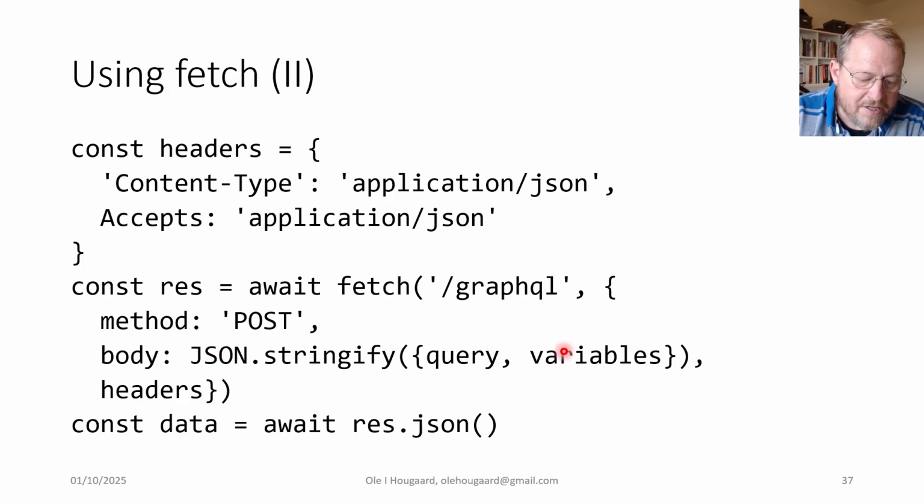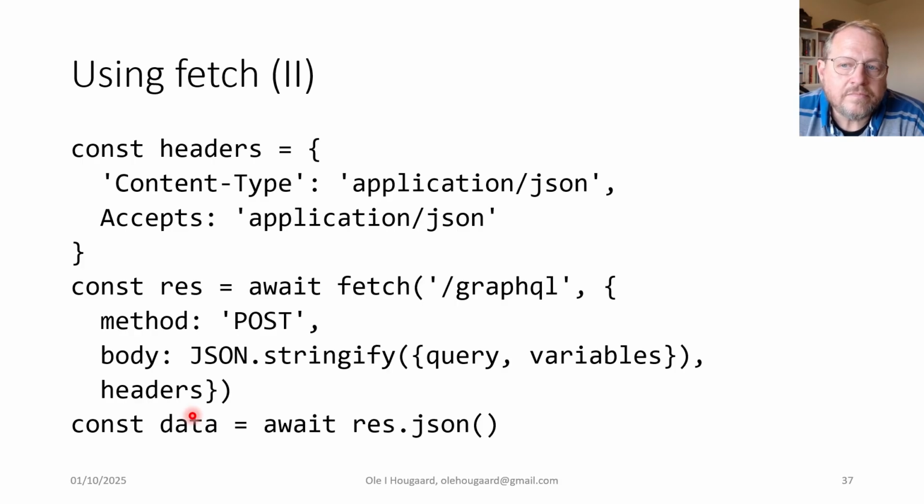That's kind of the meat of it. All of this is sort of usual headers. We're getting JSON back. So everything here is JSON. We're getting JSON back so we can get the data and work with them.